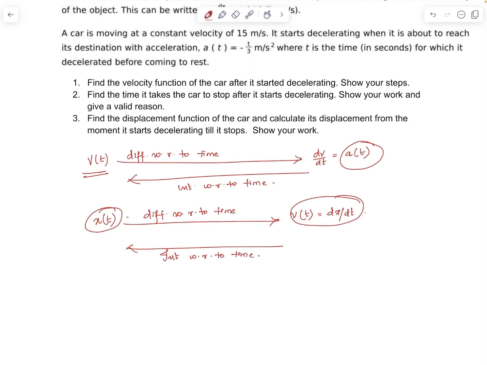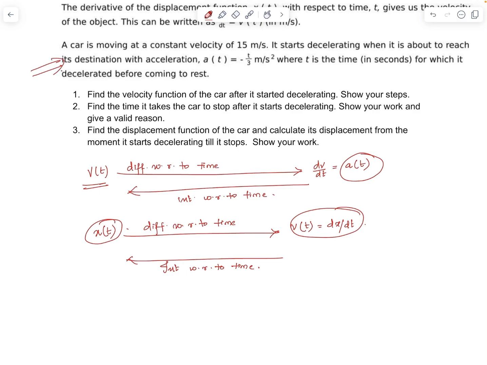First question, find the velocity function of the car after it started decelerating. Show your steps. The question says, a car is moving at a constant velocity of 15 meter per second. That is, this is the initial velocity, say at time t equal to 0.